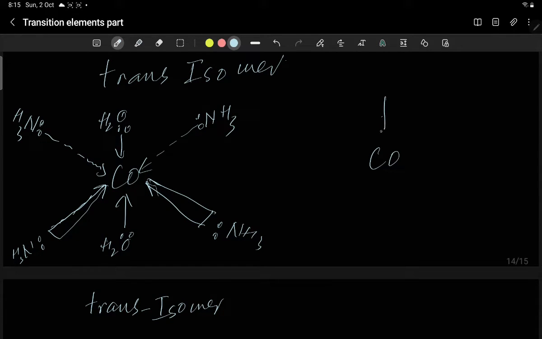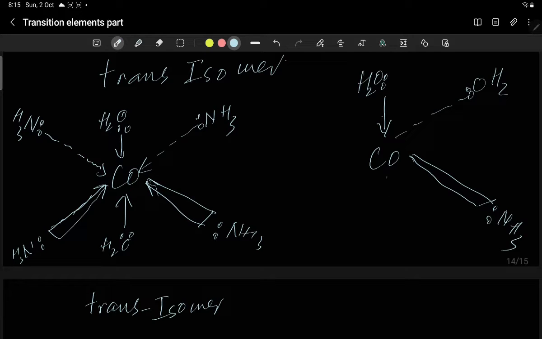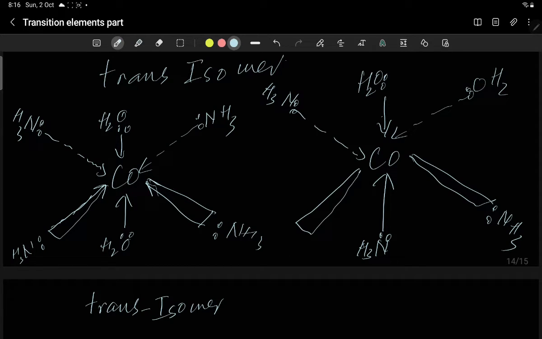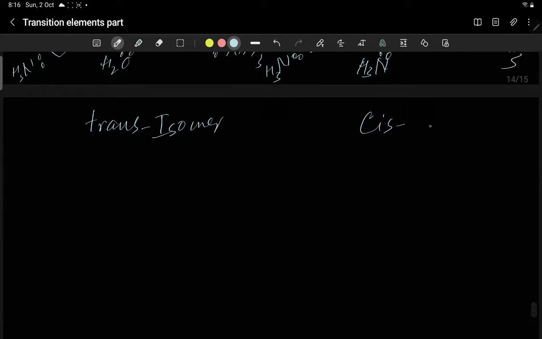If it is drawn like this, this is cis isomer.